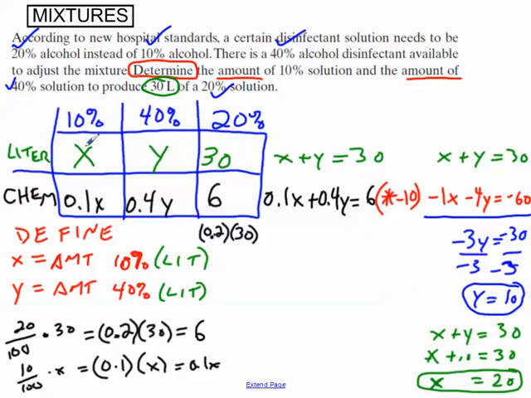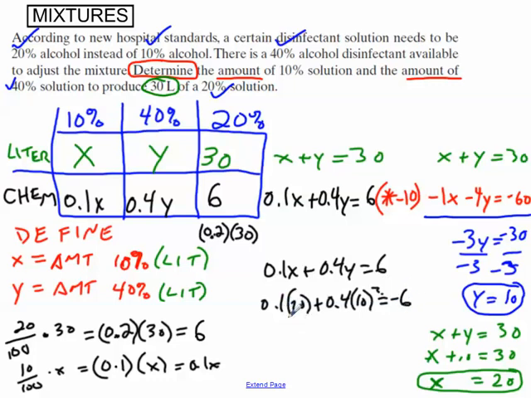We can double check by putting the x and y values up here. 20 plus 10 is 30. Sure enough, it checks out. And now let's double check our 0.1 equation. We'll switch to black. 0.1x plus 0.4y equals 6. 0.1 times x, 20, plus 0.4 times y, 10, equals question mark, negative 6. 0.1 times 20 is, if you multiply by 0.1 you're actually dividing by 10, so this would be 2.